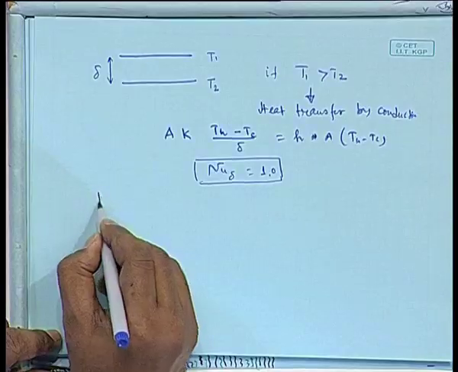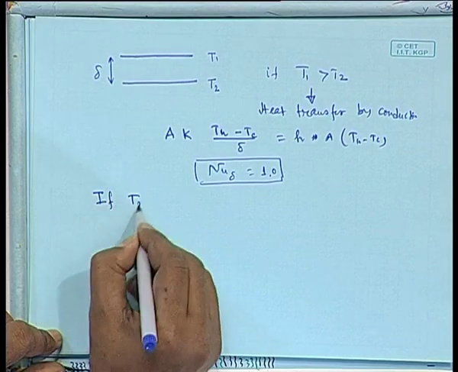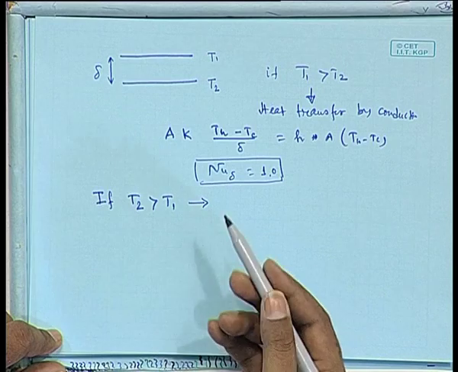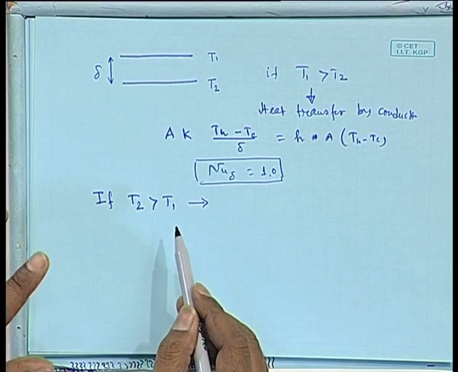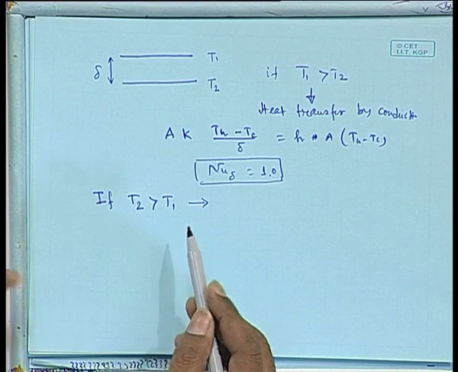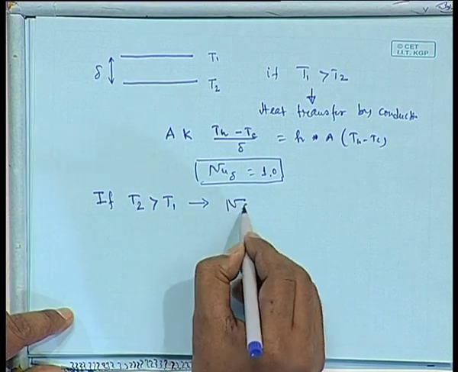Now, if T2 is greater than T1, and if the difference of T2 and T1 is such that your buoyant force overcomes the viscous force, you can have natural convection.